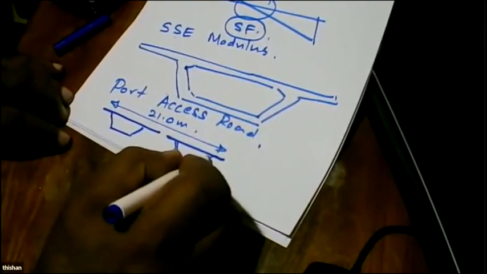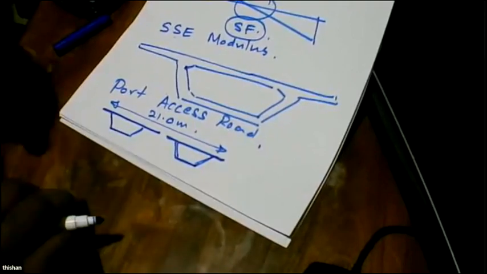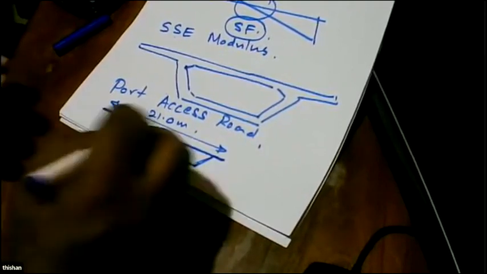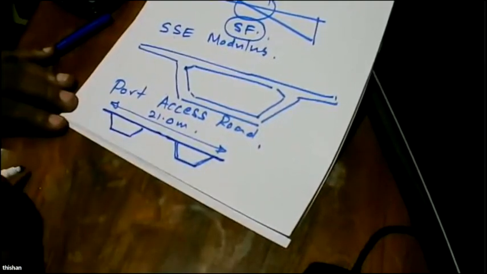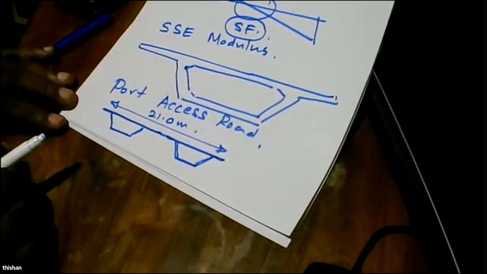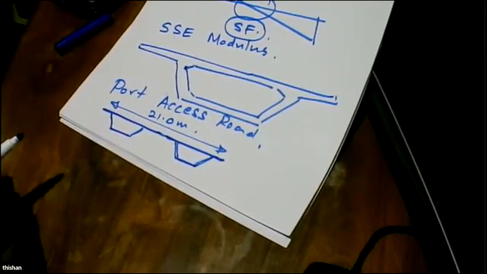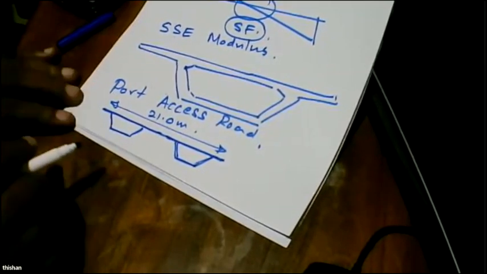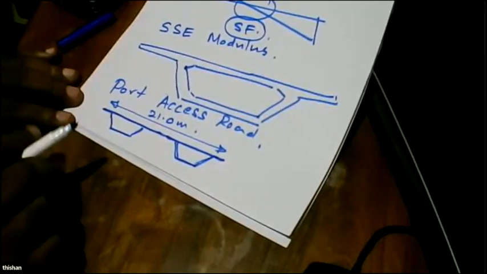But the actual design came from Hong Kong, and they use two box girders. The construction method was match cast segmental bridge.